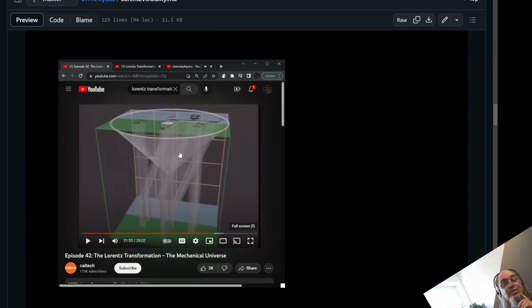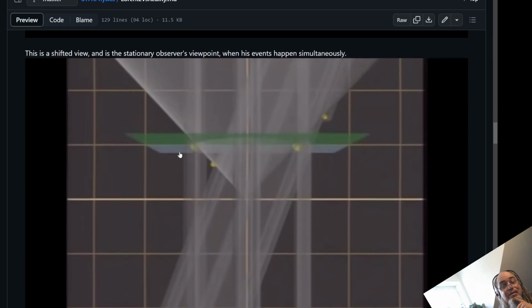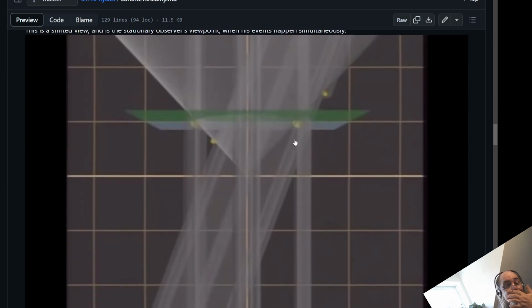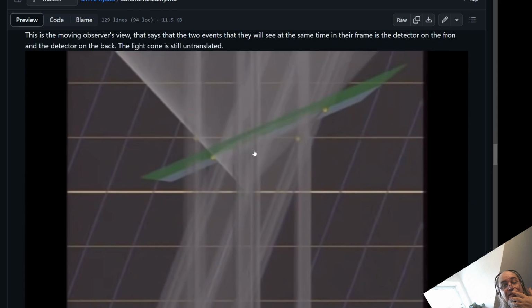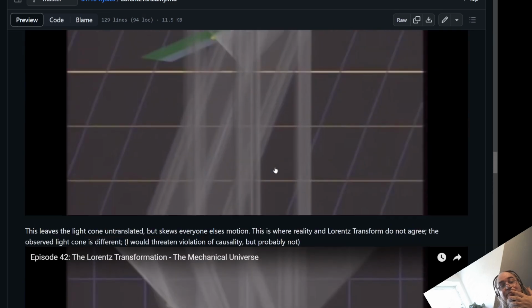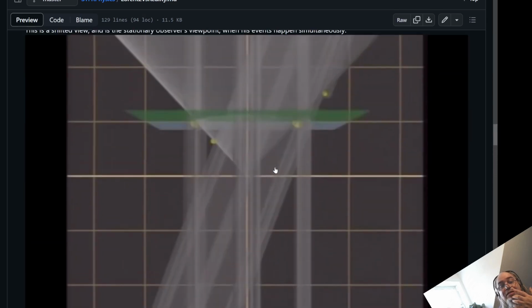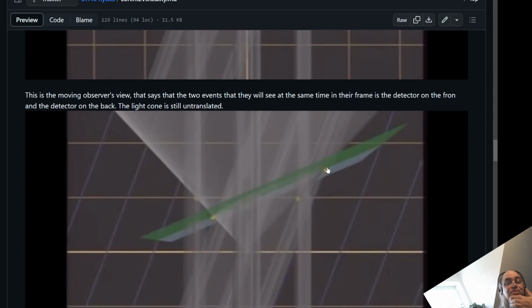So it doesn't really know about the photons. But this is the natural frame with the train moving, and the person sitting still, and the light cone is untransformed. And then this is the other way. Well, no, this is just that these two events should be simultaneous for what's on the train.